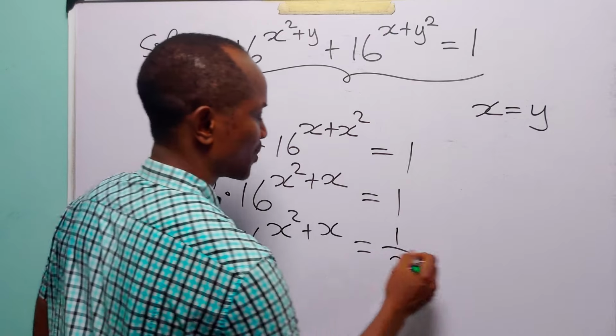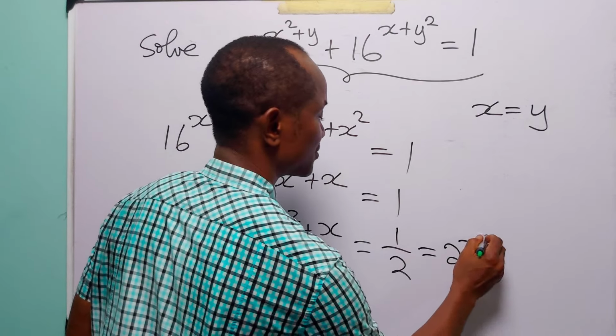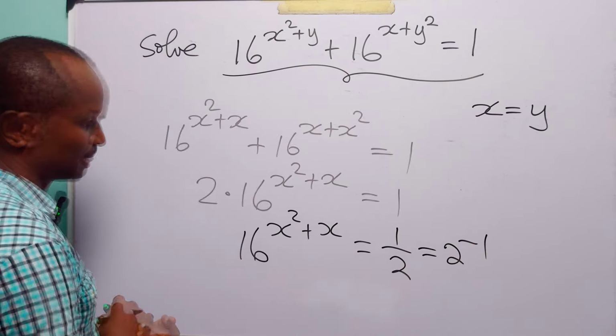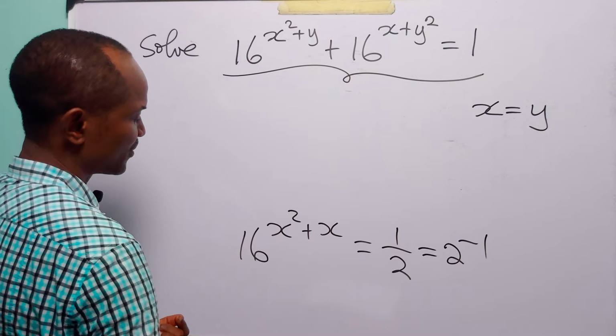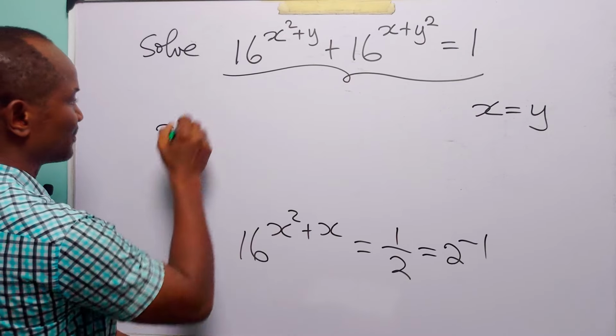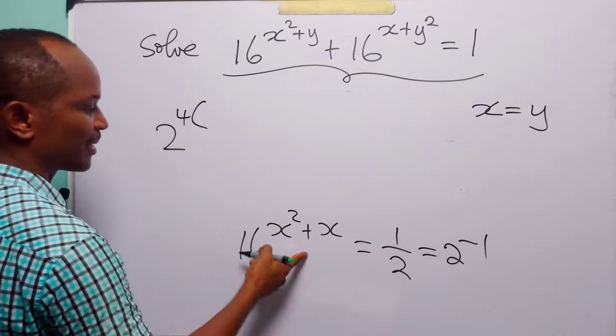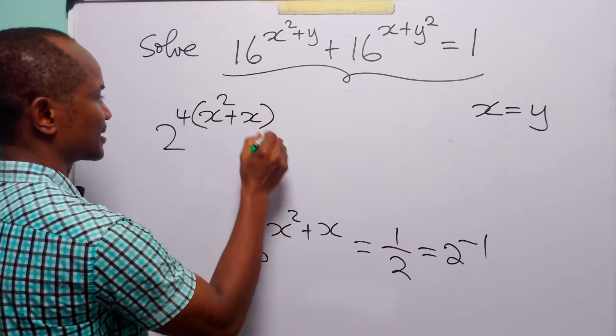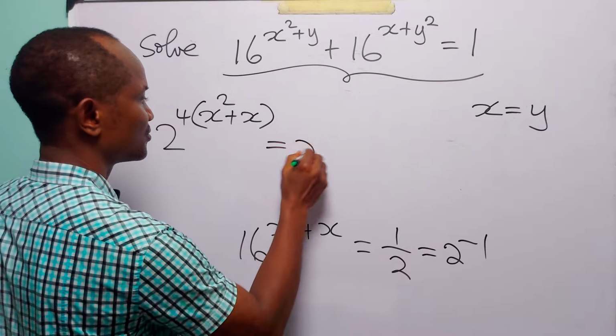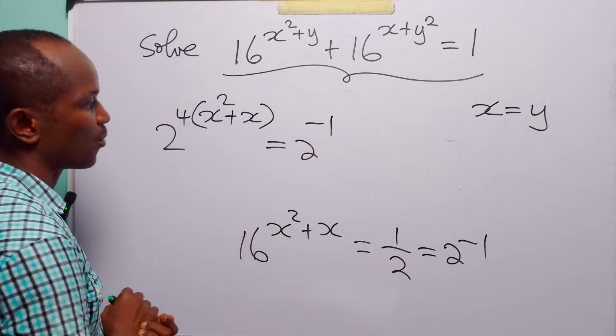And of course, you know that 1 over 2 is the same as 2 to the power minus 1. And of course, we know that 16 is 2 to the power 4. So this equation can be written as 2 to the power 4 to the power x squared plus x is equal to 2 to the power minus 1.